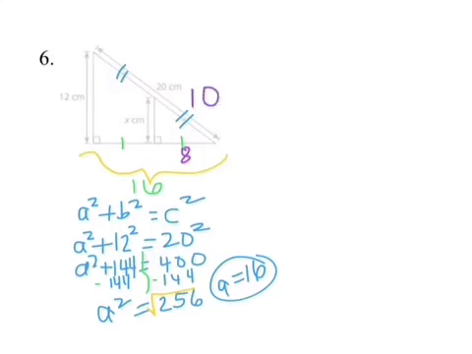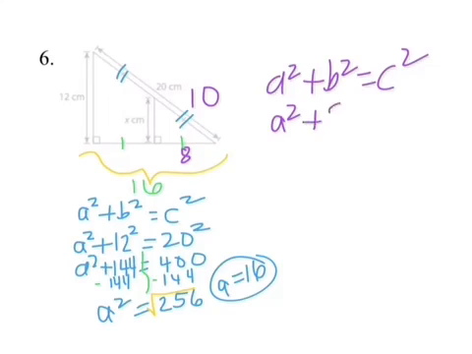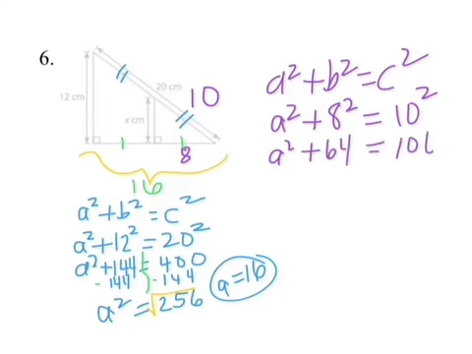So now in the smaller triangle, I'm missing a leg, but I do have the other leg and the hypotenuse. So we have to do a squared plus b squared equals c squared again. So a squared plus the leg of 8 squared equals 10 squared. And that is 64 equals 100.